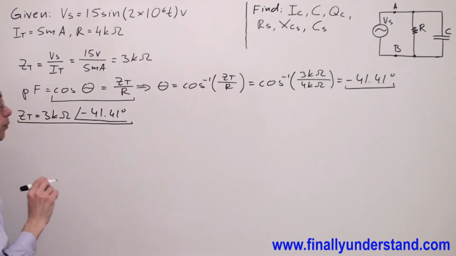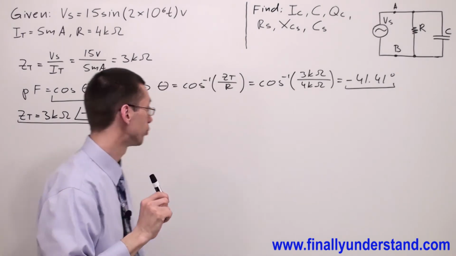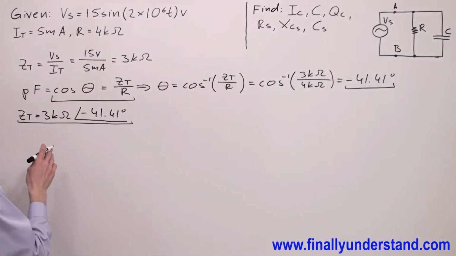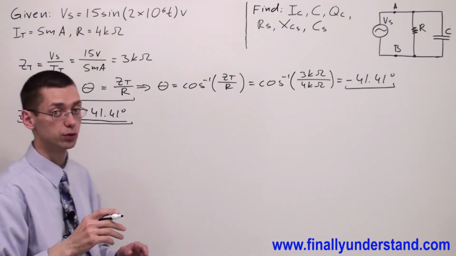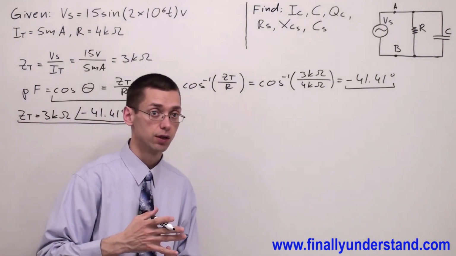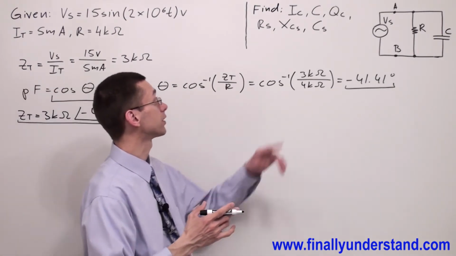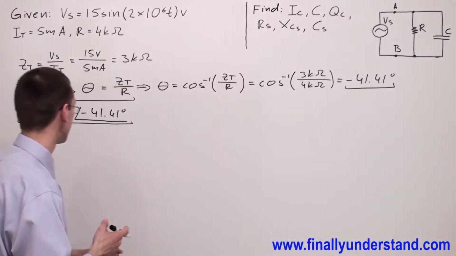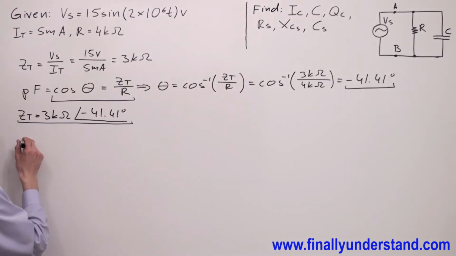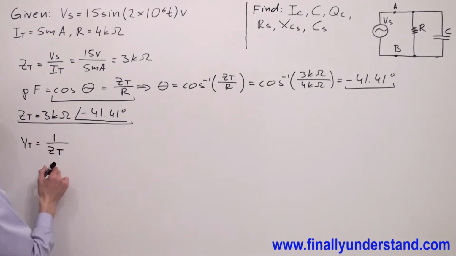Now, because I'm dealing with the parallel circuit, I'm supposed to find the total admittance. Okay? Because total admittance will allow me to find the resistance and the capacitive reactance. We need capacitive reactance to find IC. So I'm supposed to write Y total is equal 1 over Z total.